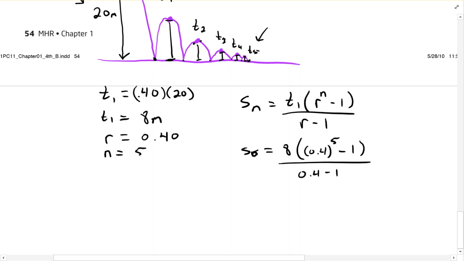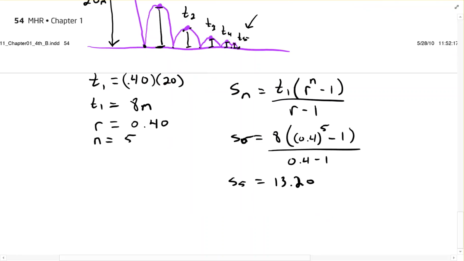And this was for S5, I should have said. So S5. Okay, so we got 13.20. Okay, so that's all those heights added together.